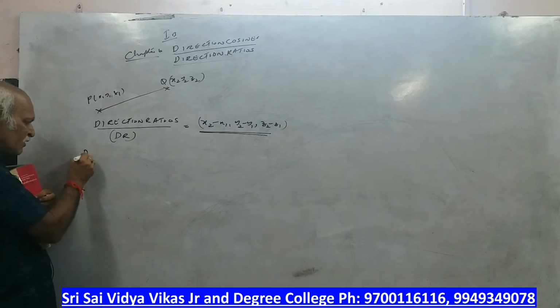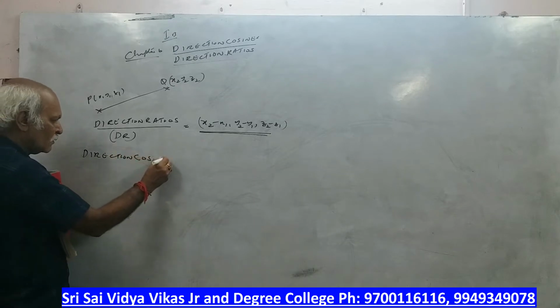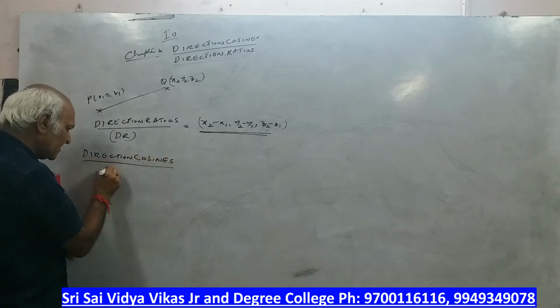And what is the directional cosines? We call it DC.